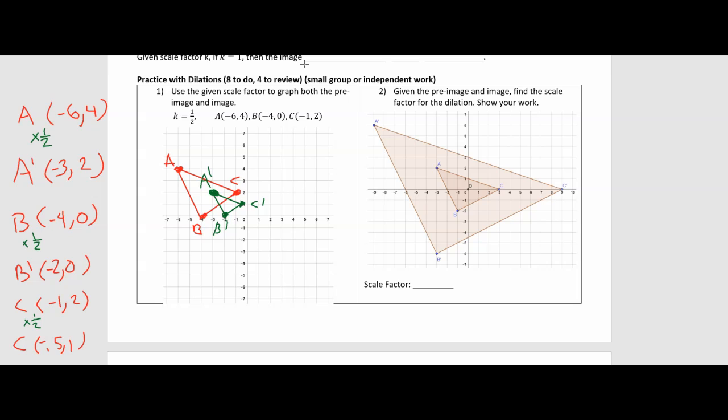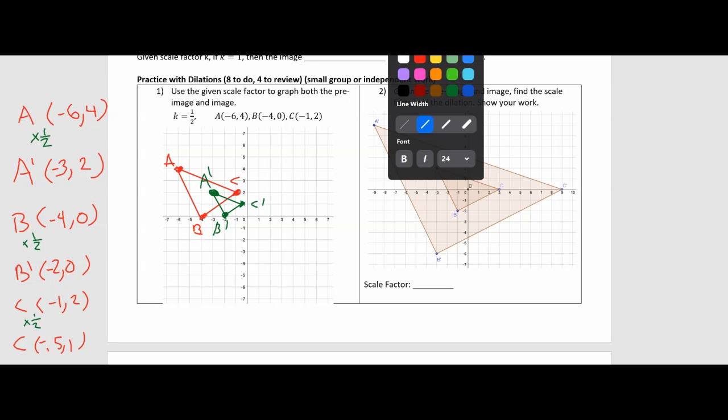Number 2 says, given the pre-image and the image, find the scale factor. So we already know the coordinates of the pre-image and image. So if we compare those coordinates, we should be able to figure out what the scale factor is. Now we just need to make sure we go the correct direction.